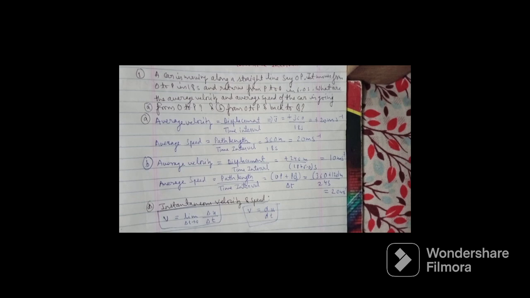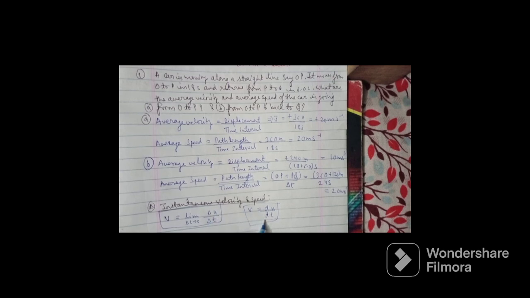Where the symbol limit delta t tends to 0 stands for the operation of taking the limit as delta t goes to 0 of the quantity to its right. In the language of calculus, the quantity on the right hand side is the differential coefficient of x with respect to t and is denoted by dx upon dt.